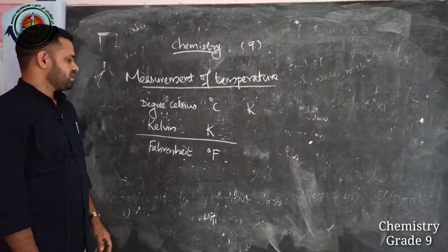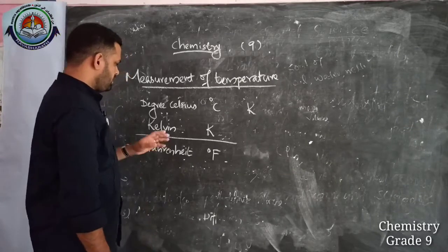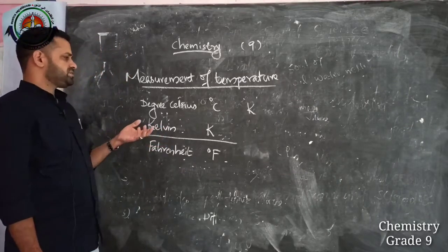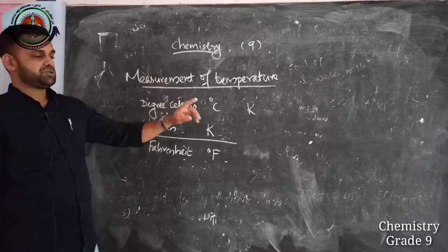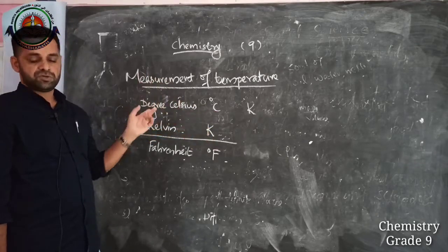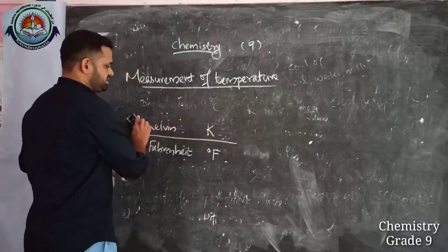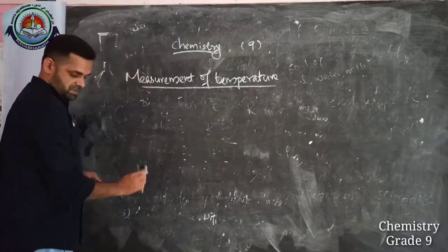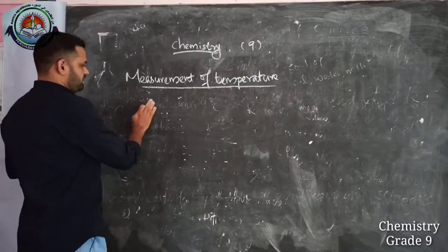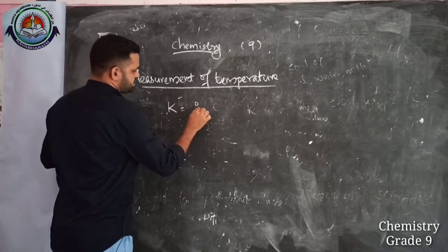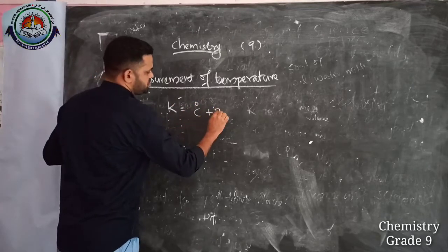Okay, Kelvin. Now, in this class we are going to study how we can convert degree Celsius into Kelvin scale and Kelvin scale into degree Celsius. So what is the relation between degree Celsius and Kelvin scale? Kelvin scale is equal to degree Celsius plus 273.